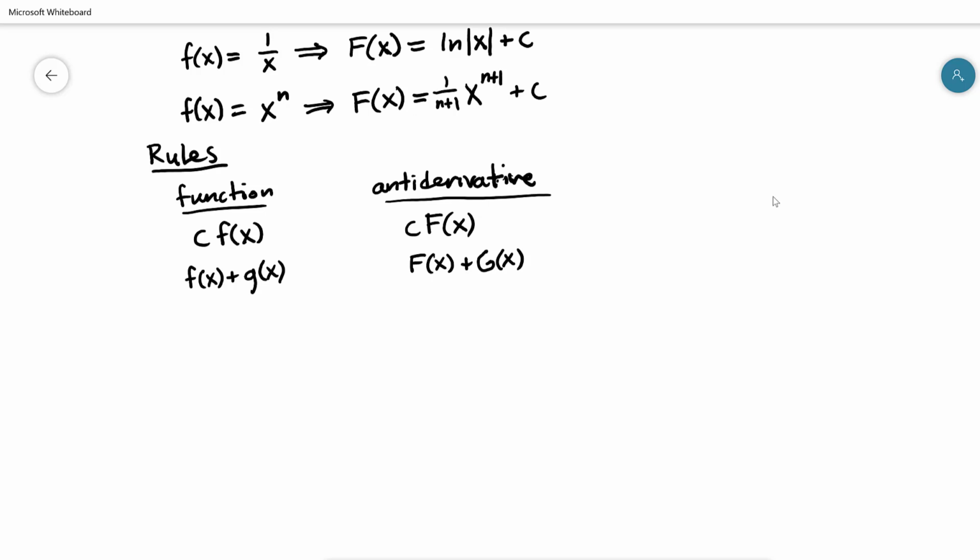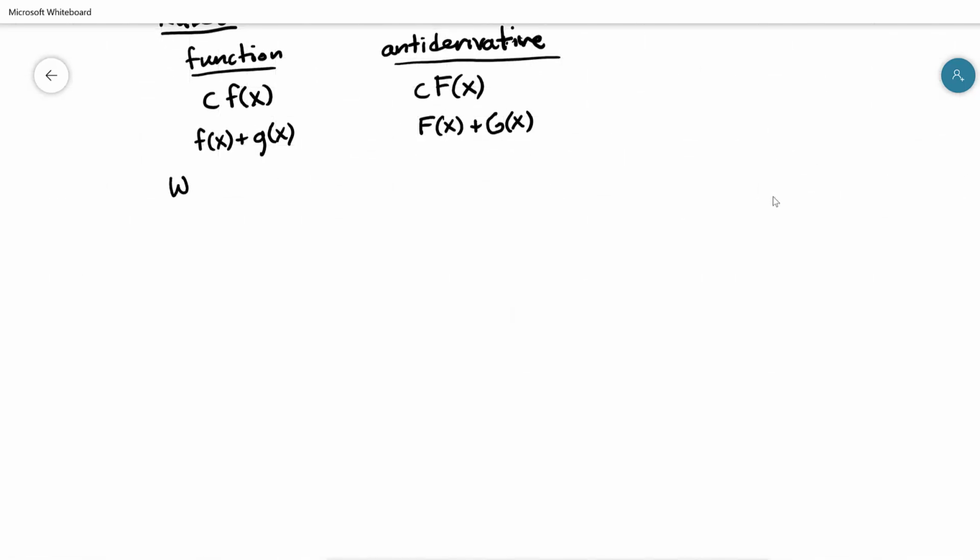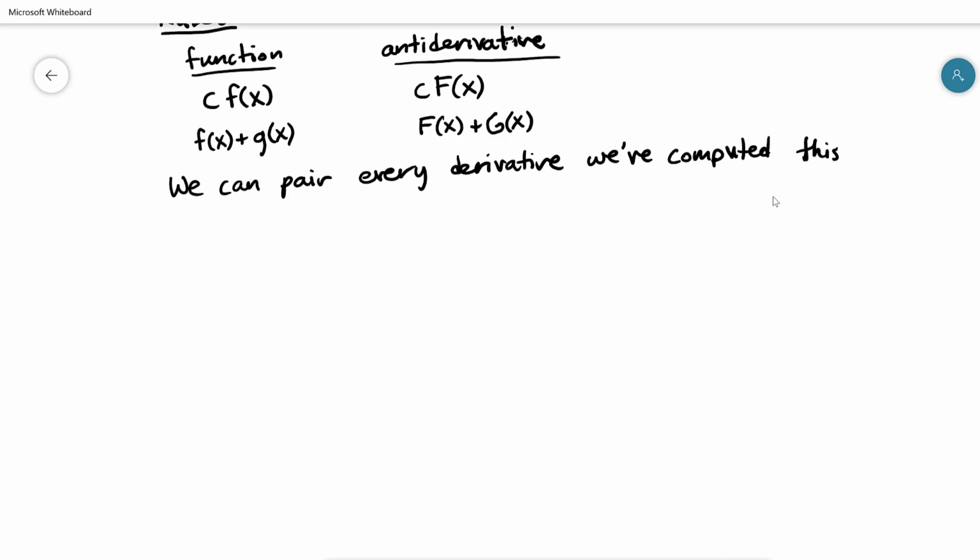So essentially, what we're going to want to do is pair every derivative that we've computed this semester with its antiderivative.